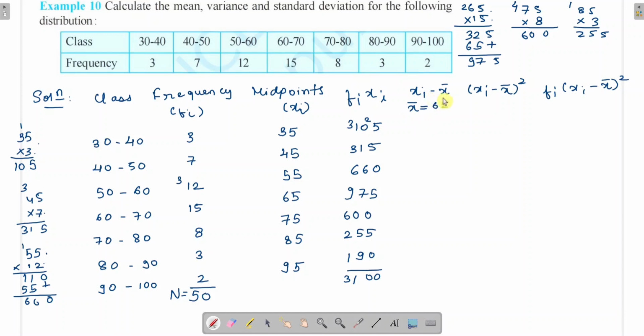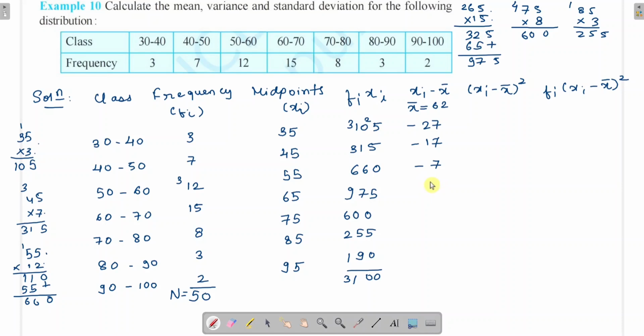Now we can calculate xi minus x bar. So 35 minus 62, it is minus 27. Then 45 minus 62 is minus 17. 55 minus 62 is minus 7. And a minus also there: minus 27, minus 17, minus 7.